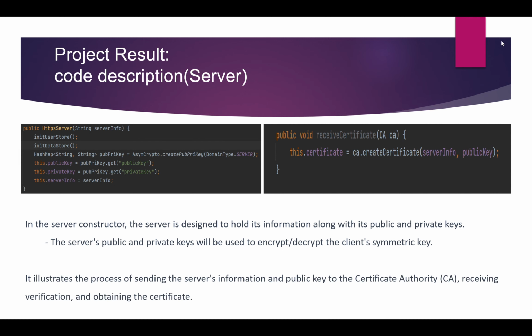The server's public and private keys will be used to encrypt and decrypt the client's symmetric key. In the code on the right, it illustrates the process of sending the server's information and public key to the certificate authority, receiving verification and obtaining the certificate.